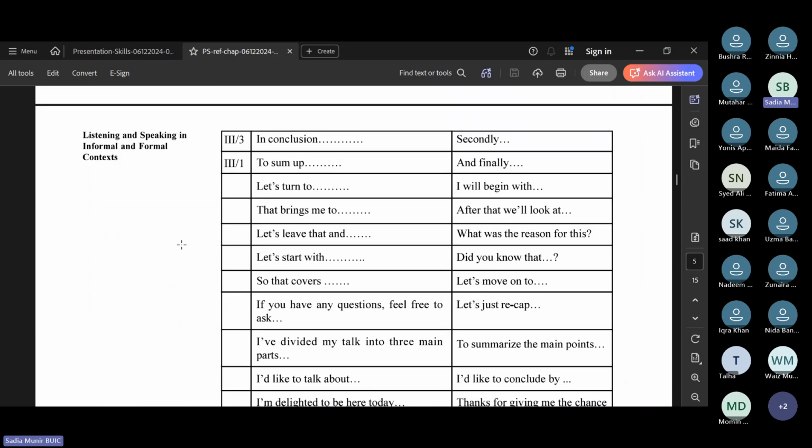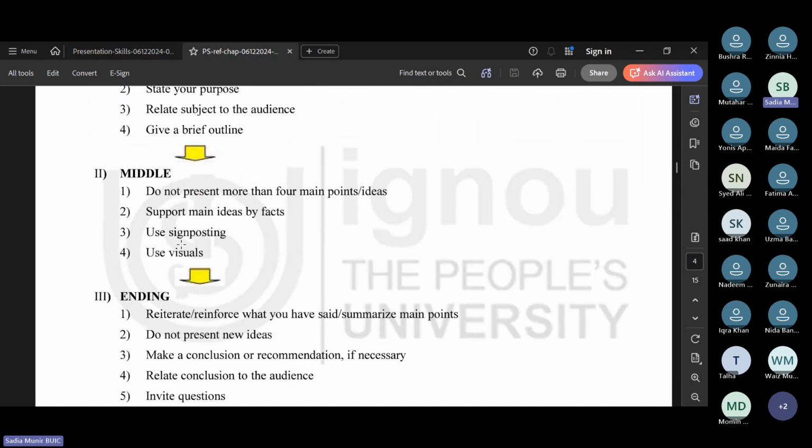Then in the middle you can talk about 3 to 4 points extensively. Of course, you're not going to use any signposting and visuals because you're going to do it verbally, and then you can end it by reiterating the points of view that you started with in the argumentation, and finish it. Okay, who's going to start?